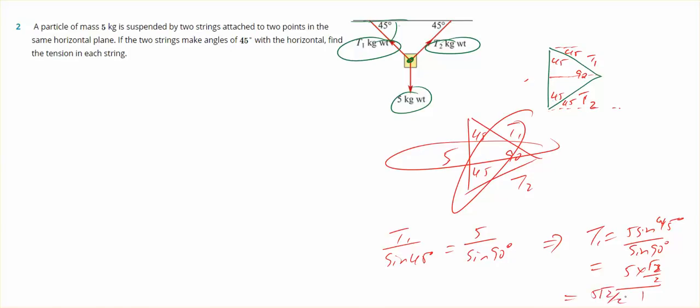And because the angles are the same, I can use the sine rule again, or I can realize that the tensions are the same. In this case, not always, but in this case it is. So the tension, T1, is 5 root 2 over 2.